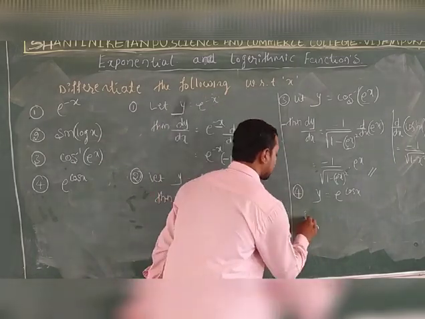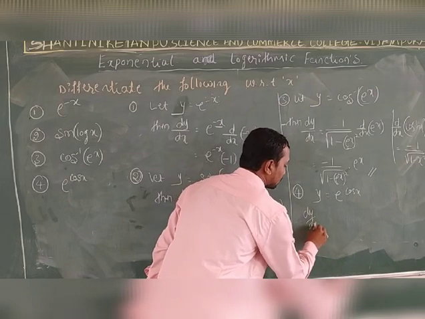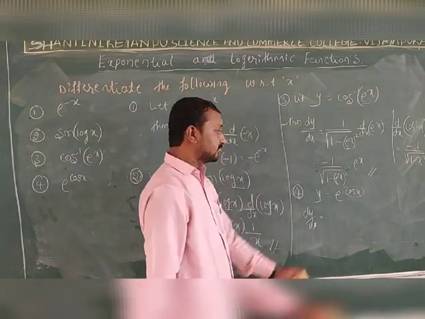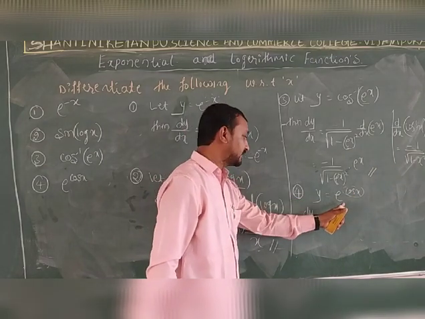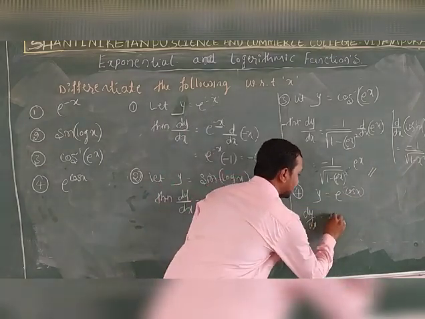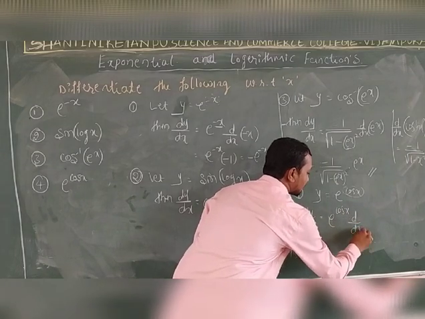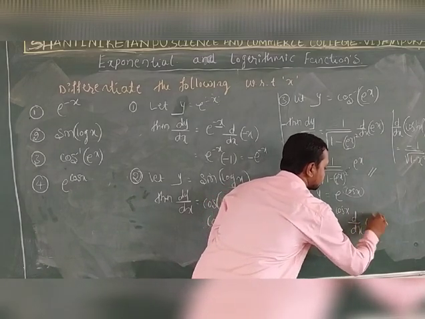So dy by dx equals, first we resolve it into the e raised to x form. What is the derivative of e raised to x? e raised to x, with respect to d by dx of, instead of x what is there? cos x.